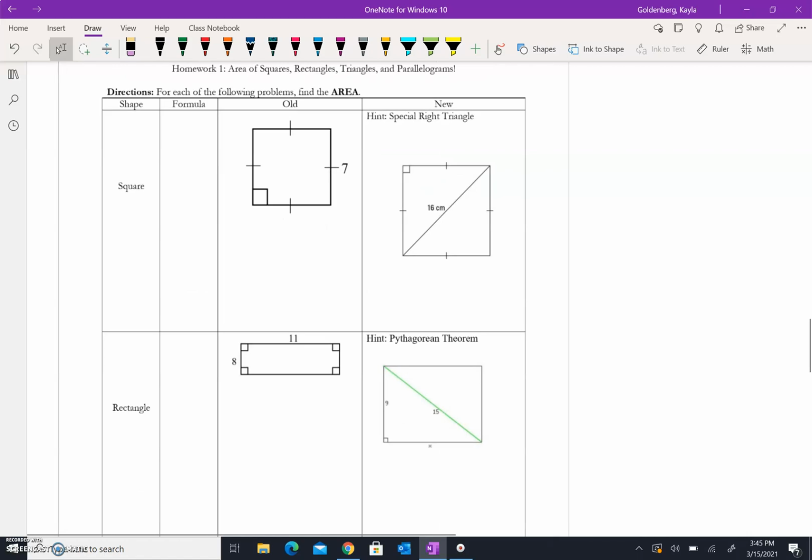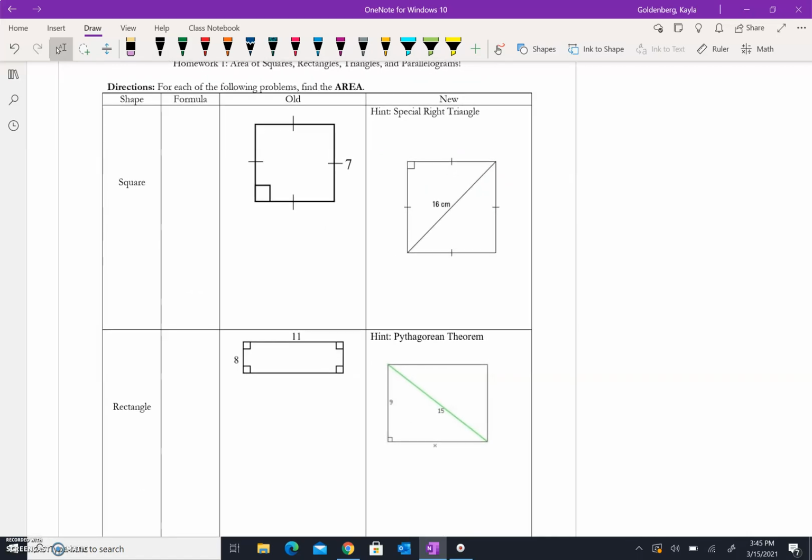Just a quick note for your square: area, instead of your rectangle's base times height, remember a square has all four sides equal. So if I call this my base, for instance, you could call the area base times base, or base squared.